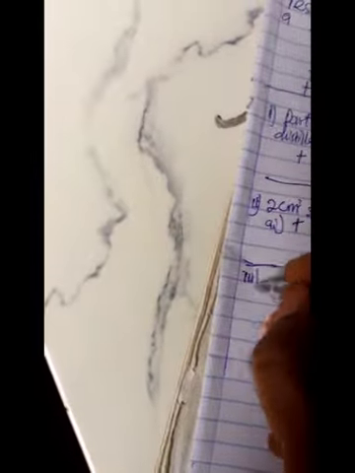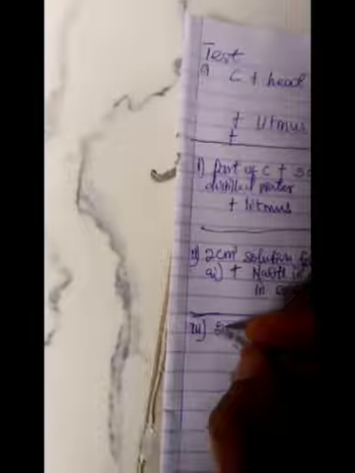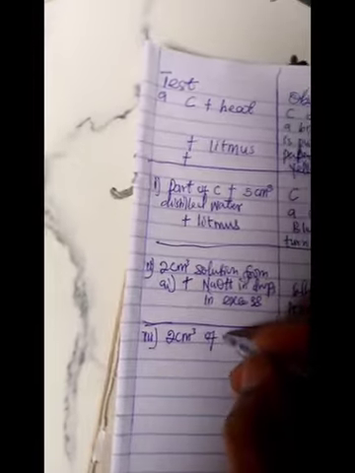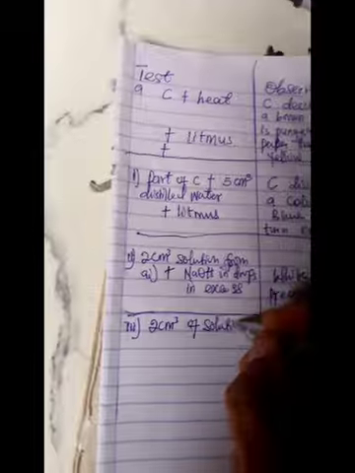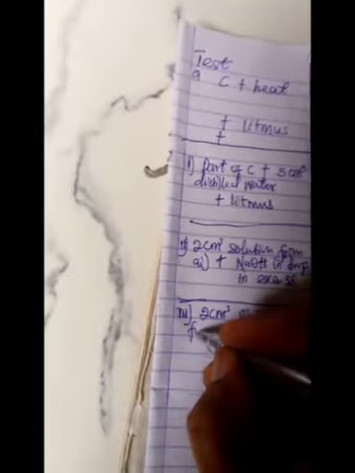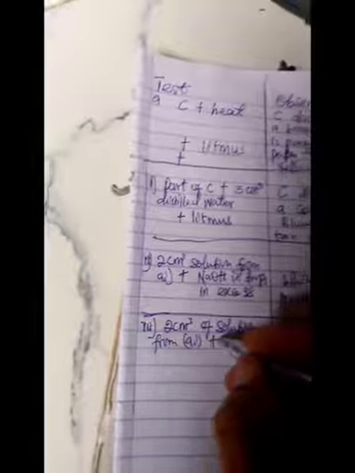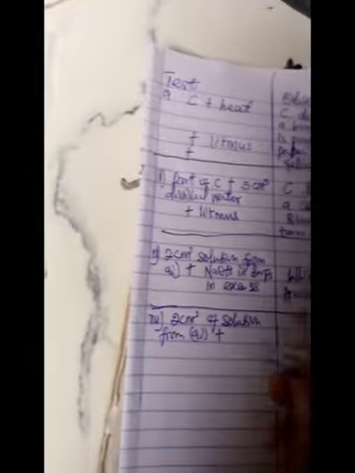Then III will be another portion, another 2cm of the solution from still the same place, AI. Plus, what are we adding this time around?